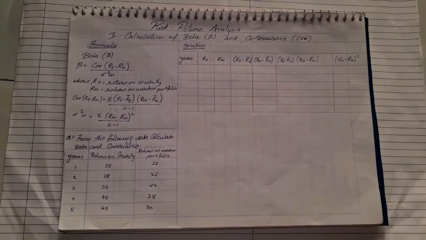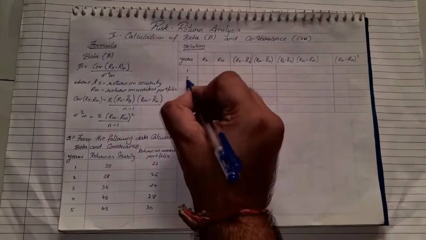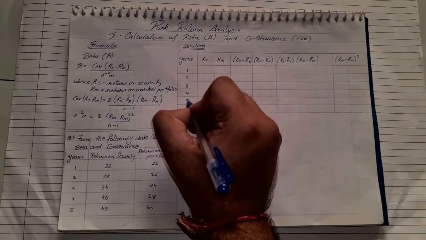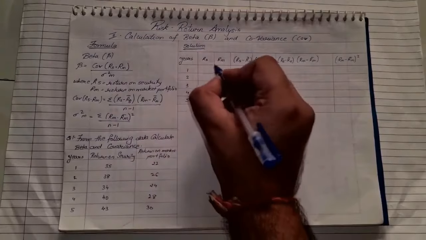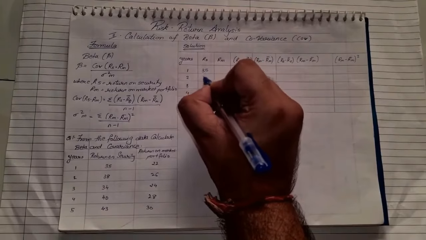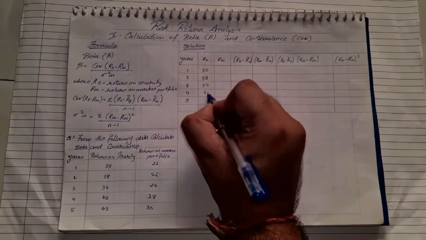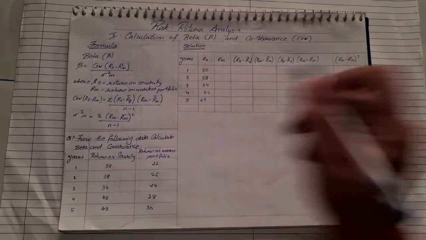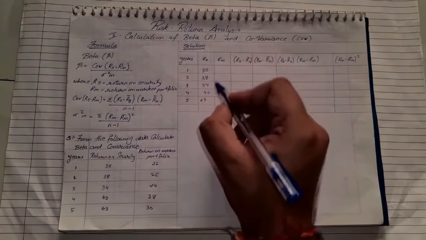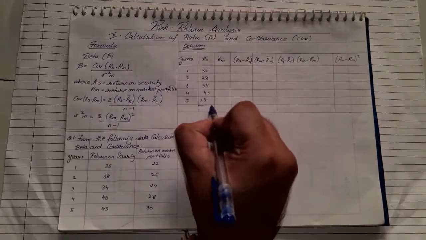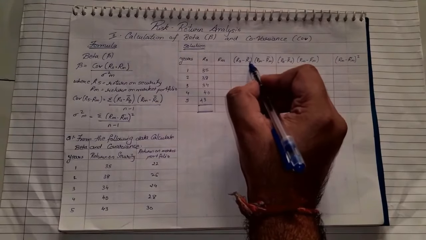Now let us see how we fill up the values. For years we have 5 years: 1, 2, 3, 4 and 5. Under return on security, we will write 35, 38, 34, 40 and 43. Once you have written all the values, add them up, because I need R bar, which is nothing but the average.